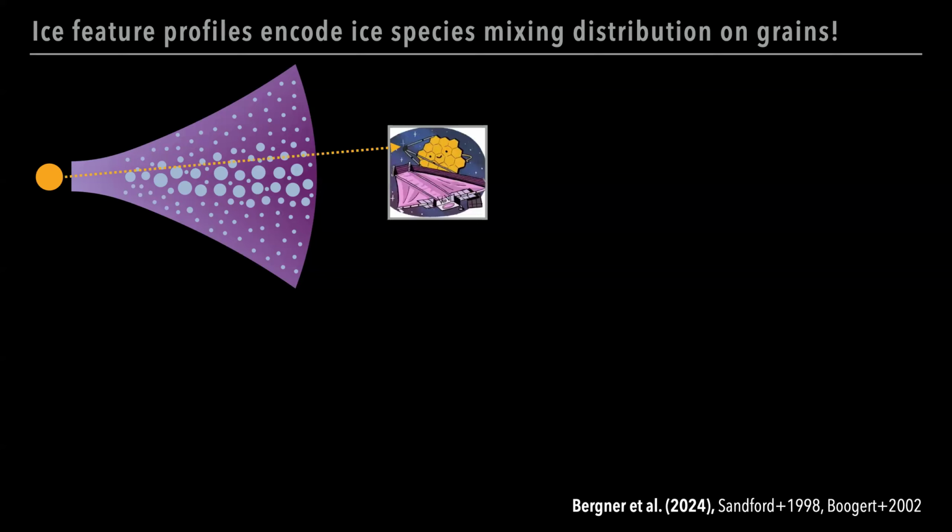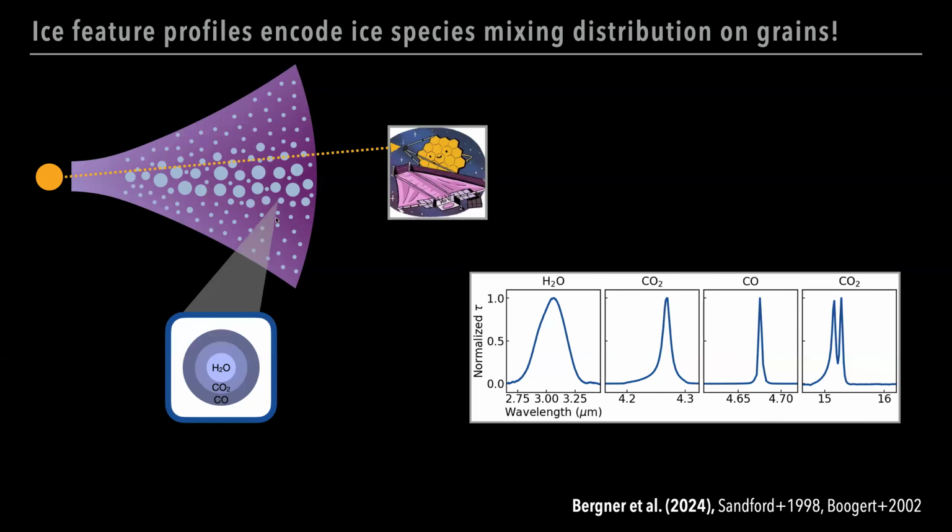JWST has this line of sight through the ice in the disk, and we are looking to see if we could model that ice as this layered structure, like we proposed in the beginning with the gumball, or if we need a mixed structure.